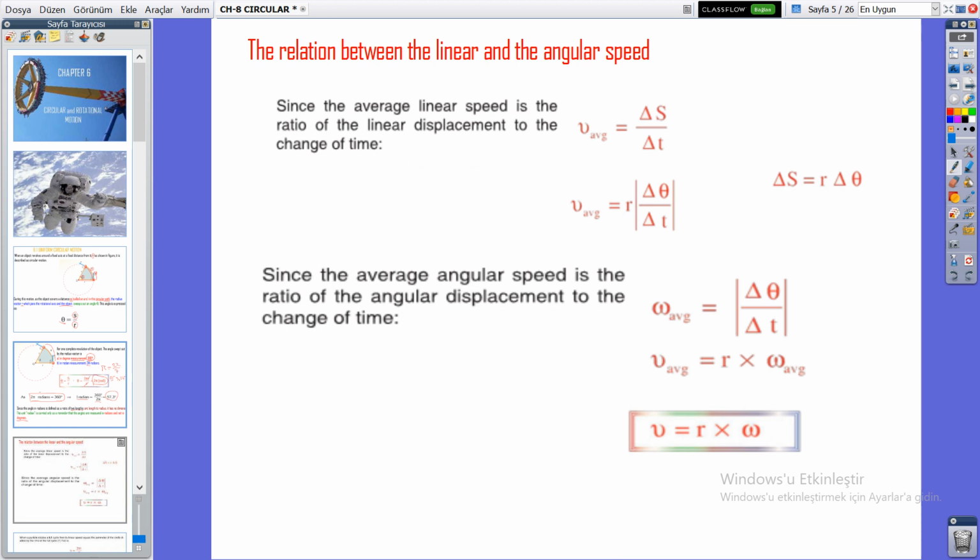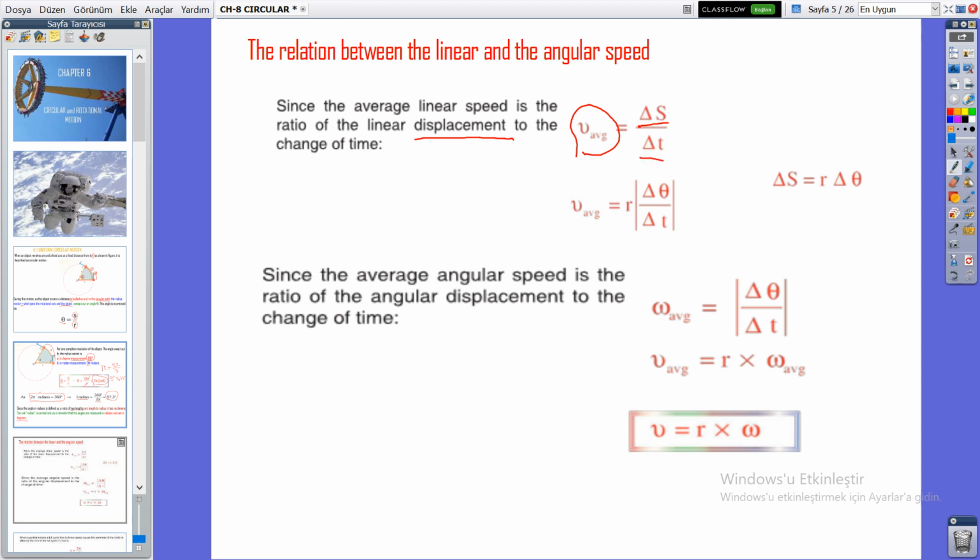And the relation between linear and angular speed: the average linear speed is the ratio of the linear displacement, if you look carefully, it uses displacement because displacement is a vector quantity, to the change of time. Average linear speed equals total displacement, delta S, over the change of time.